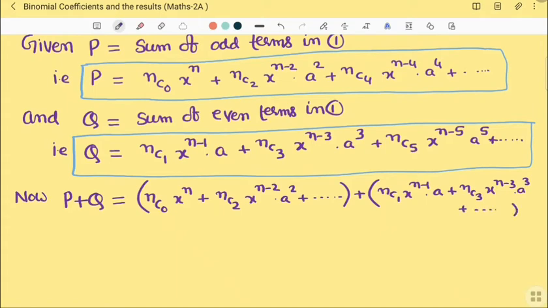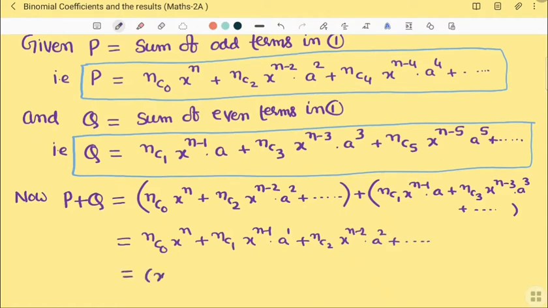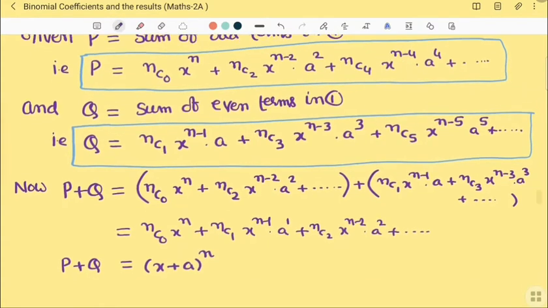If you add these two, ultimately equation 1 only we are going to get. So in order we can write: nC0 x power n plus nC1 x power n − 1 a power 1, plus nC2 x power n − 2 a power 2, plus and so on. This is the expansion of (x + a) whole power n only, no? So P plus Q value we got as such.